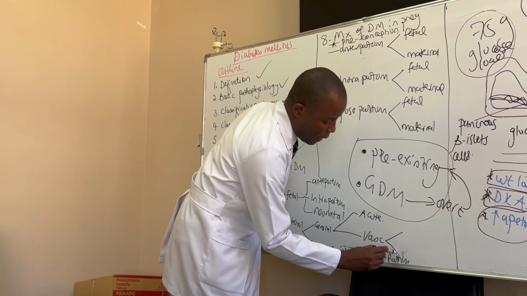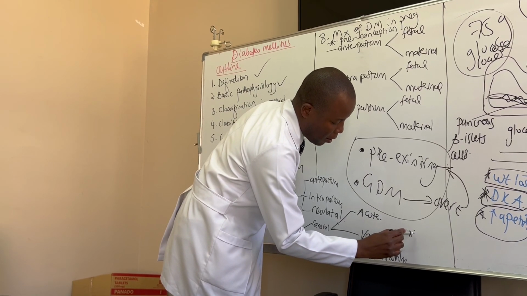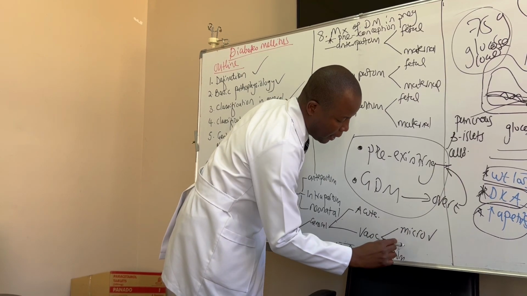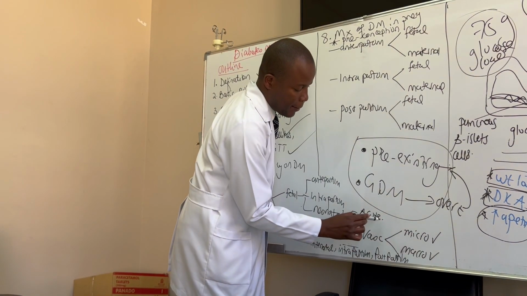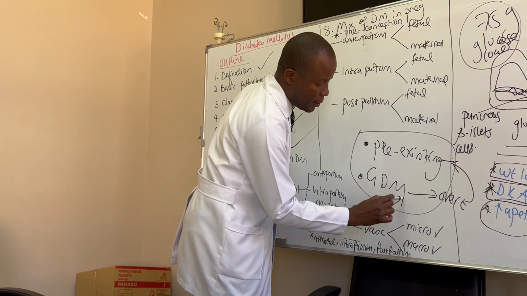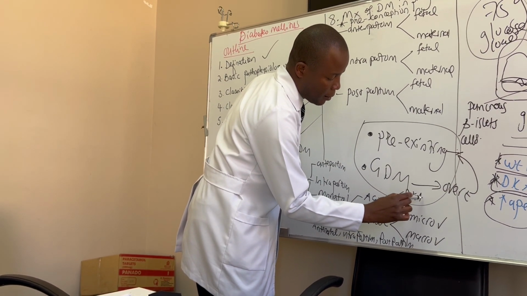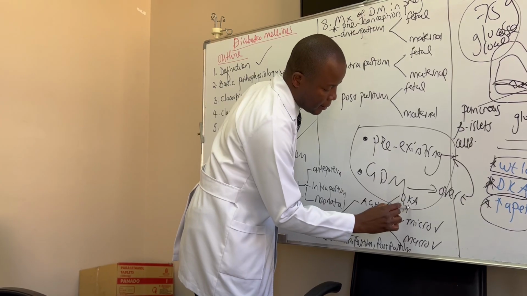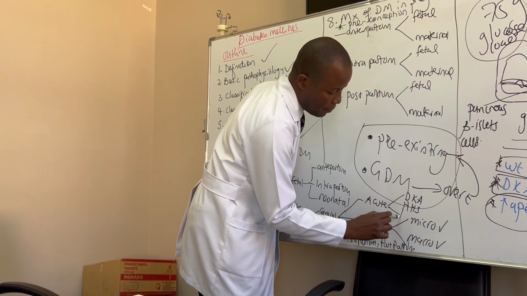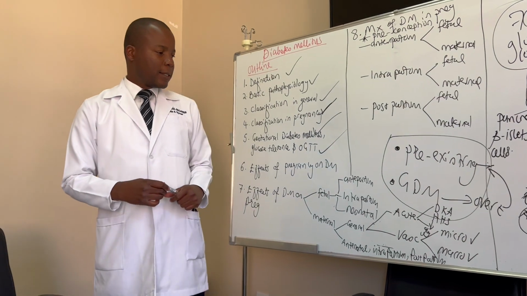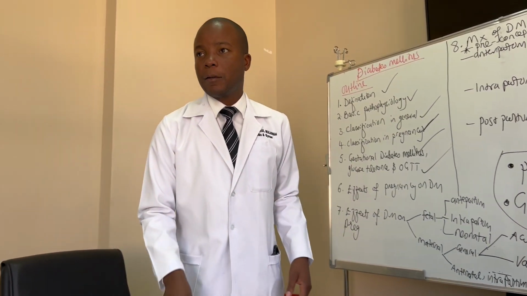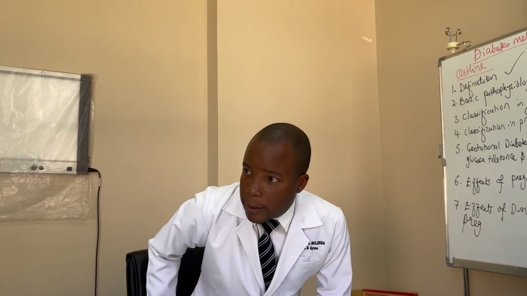Under vascular we have micro vascular and macro vascular. Under acute we have DKA, HHS and the hypoglycemia. So these are like the general classification of diabetic complications.